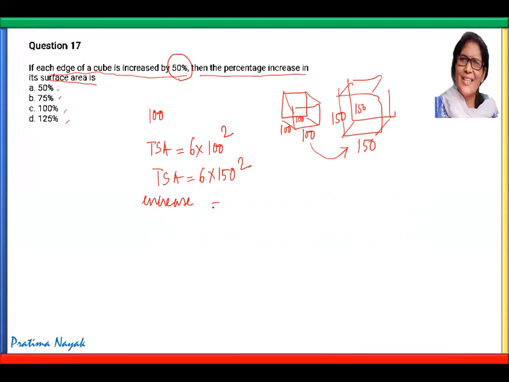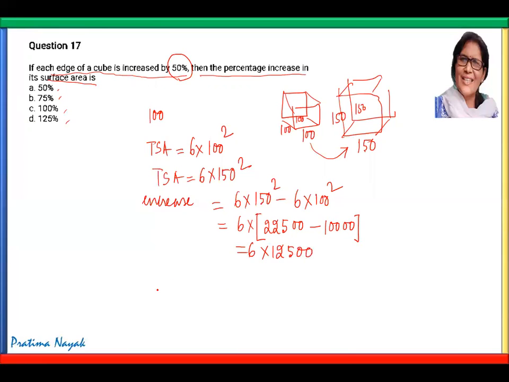Increase is 6 into 150 square minus 6 into 100 square. Now please see how I am calculating. I am taking 100 common, then 150 square is 225, 100 square is 100, 100. So the change is 6 into 12500.